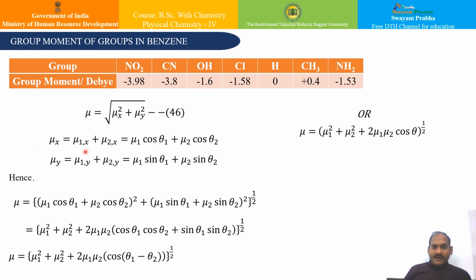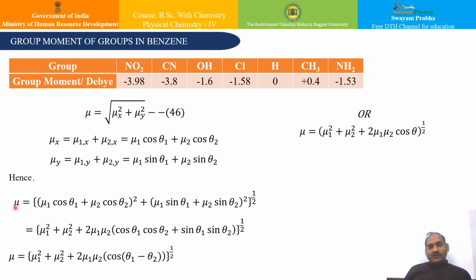So along the x component of the dipole moment, we will have this kind of expression: mu1 x plus mu2 x is equal to mu1 cos theta 1 plus mu2 cos theta 2. Similarly, the dipole moment along the y component will be mu1 y plus mu2 y, that is equal to mu1 sin theta 1 plus mu2 sin theta 2. Correct? So accordingly, these two components of dipole moment can be calculated.